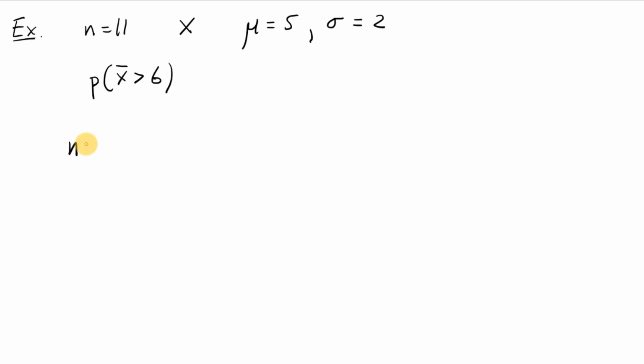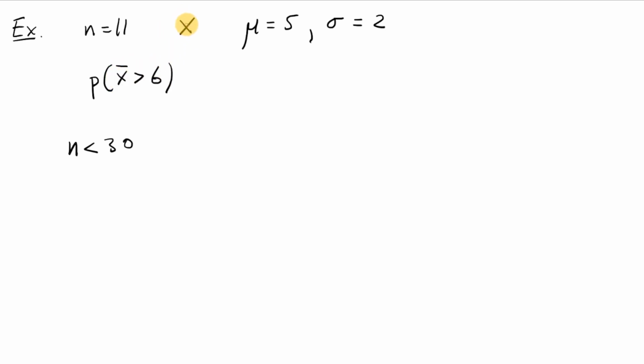Assume that you do 11 observations of x that has an expectation value of 5 and standard deviation 2. And you want to determine the probability for the mean to be larger than 6. However, since n is not larger than 30, then we can't say that this is normally distributed.